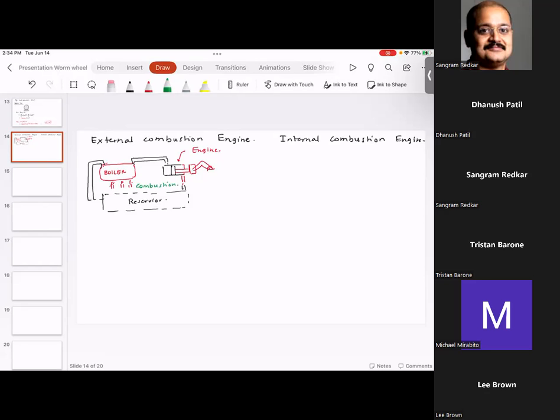So you have this system wherein the working fluid, which is water, gets heated all the way to the gaseous stage where you have steam.